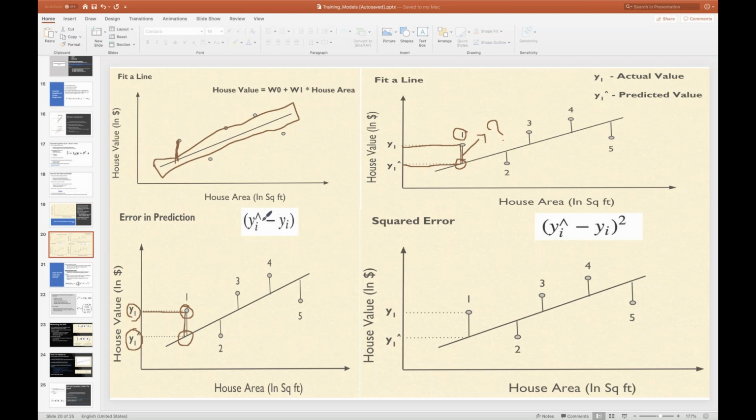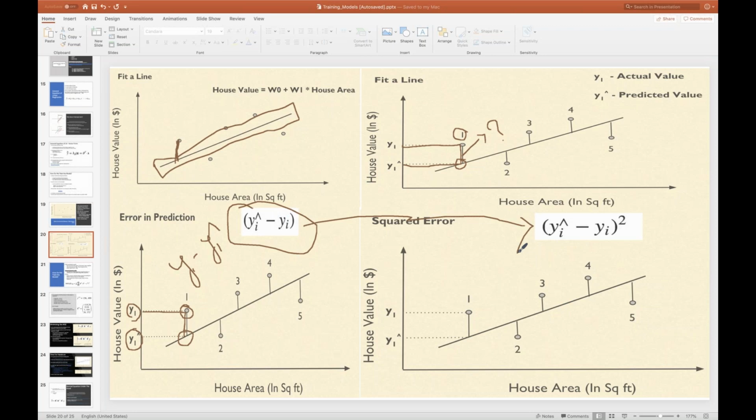This is MSE. MSE means, boss, my actual value is y1 and my predicted value is y1 of cap. Now, let's come to here. Here, you are simply squaring your error.